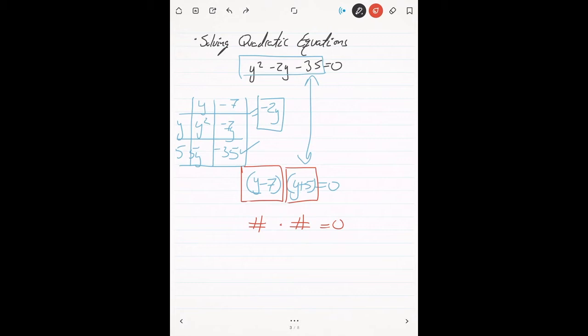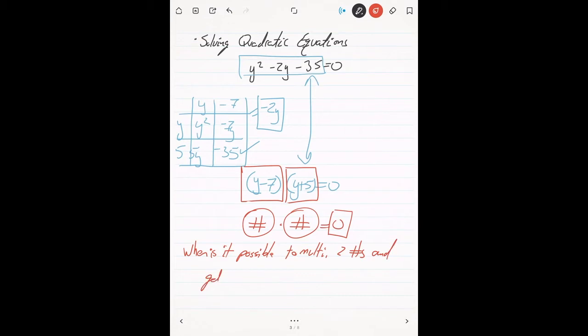Hopefully you're seeing that when I say we are taking a number times a number to get 0, we're thinking, what are the situations where this could occur? When is it possible? And I should write that down. When is it possible to multiply two numbers and get 0? When is that possible?